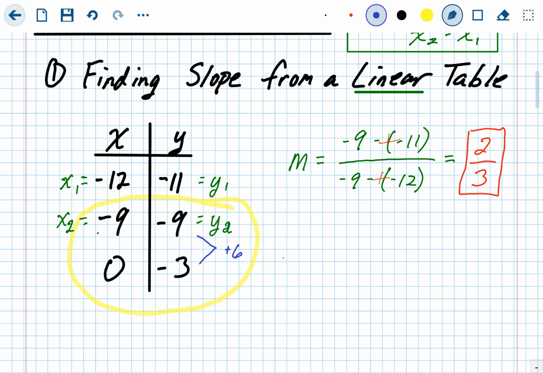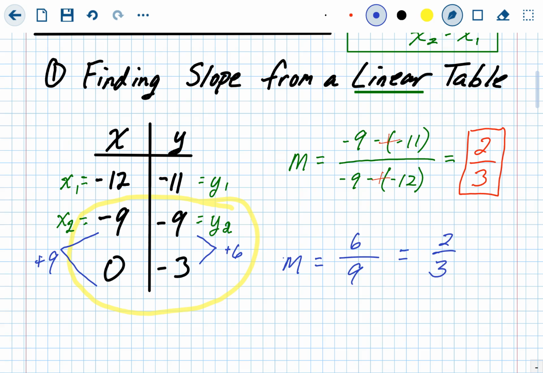Same thing on the x column. How do you go from negative 9 to 0? Well, that's plus 9. So what's our change in y over our change in x? Our change in y is 6, our change in x is 9, which simplifies again to 2/3.